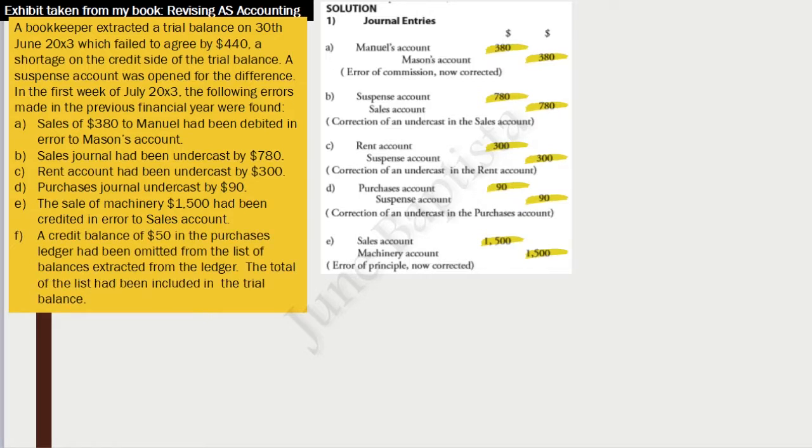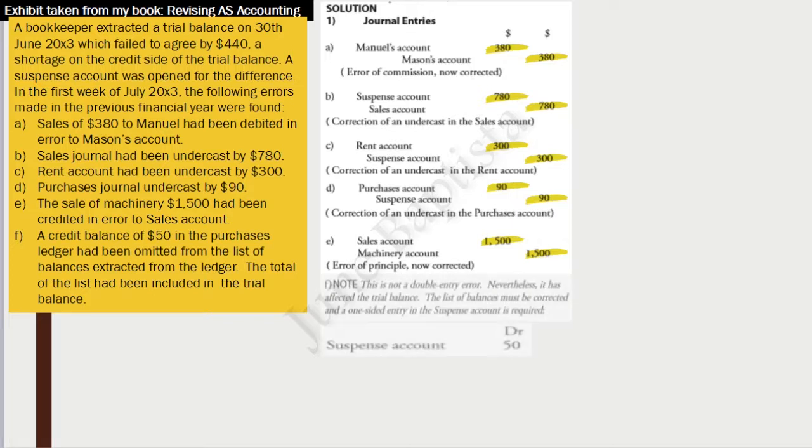Error F. A credit balance of $50 in the purchases ledger had been omitted from the list of balances extracted from the ledger. The total of the list had been included in the trial balance. Let us look at the note. This is not a double entry error.